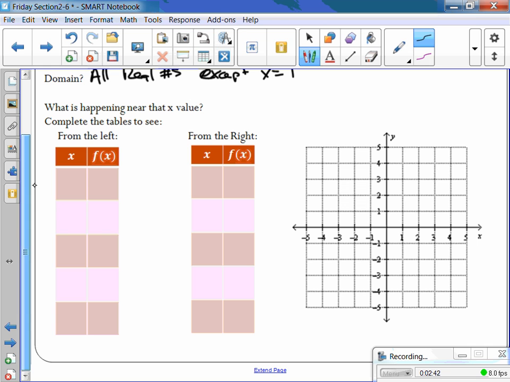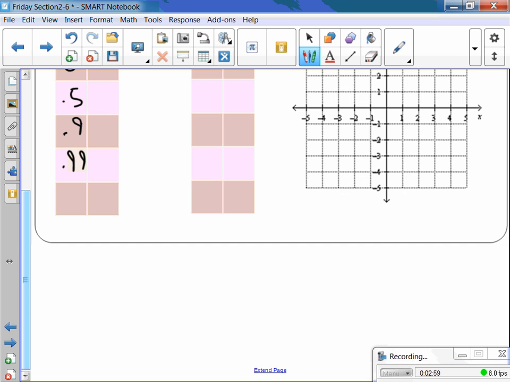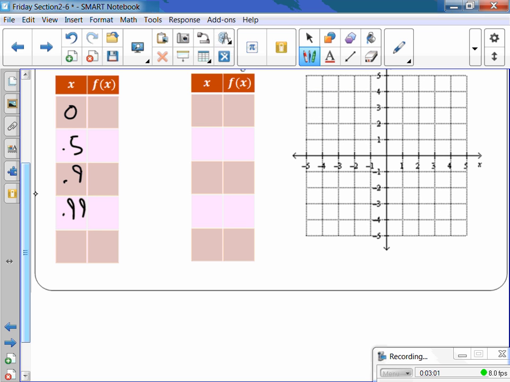If we take a look and plot a bunch of points, we can find out what that function looks like. So here I chose the values 0, 0.5, 0.9, 0.99.